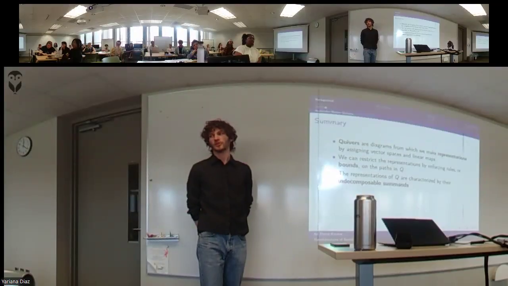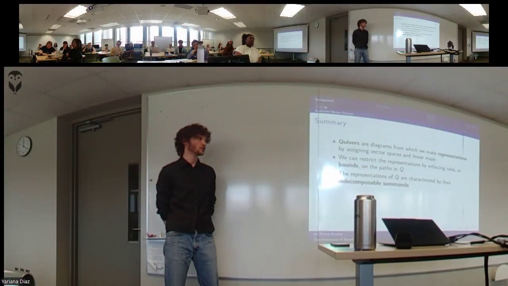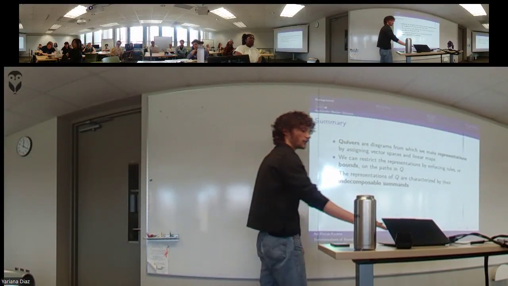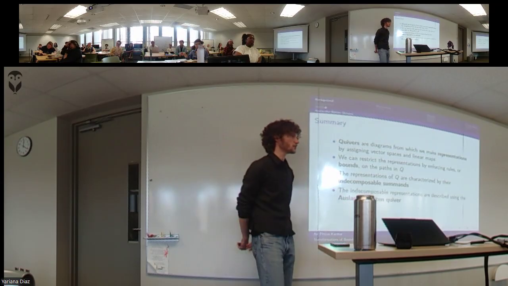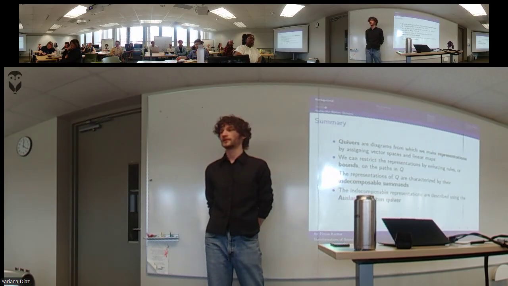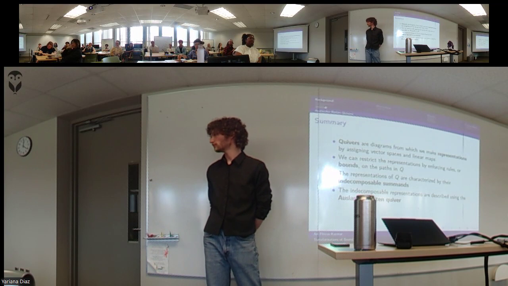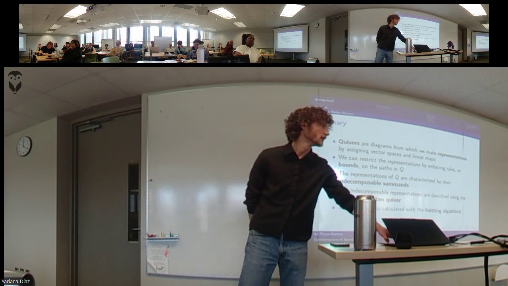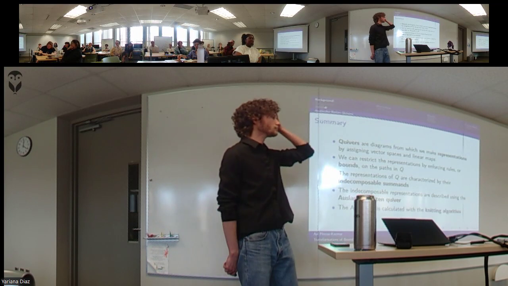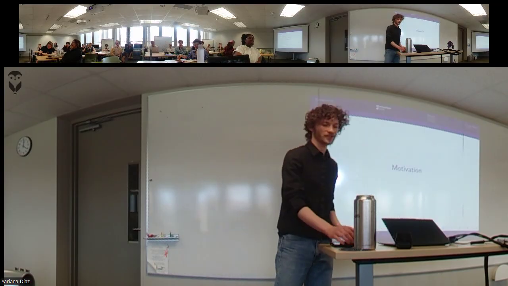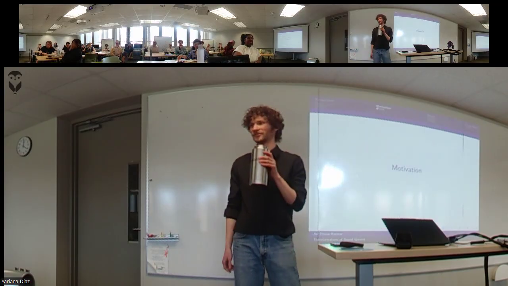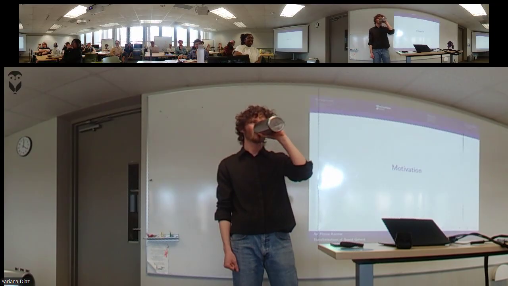And we can characterize these representations using their indecomposable summands. Information about the indecomposable summands is summarized in the Auslander-Reiten quiver, which is then calculated via the knitting algorithm. So we can now start talking about the question that I've been working on for the past 6 months.